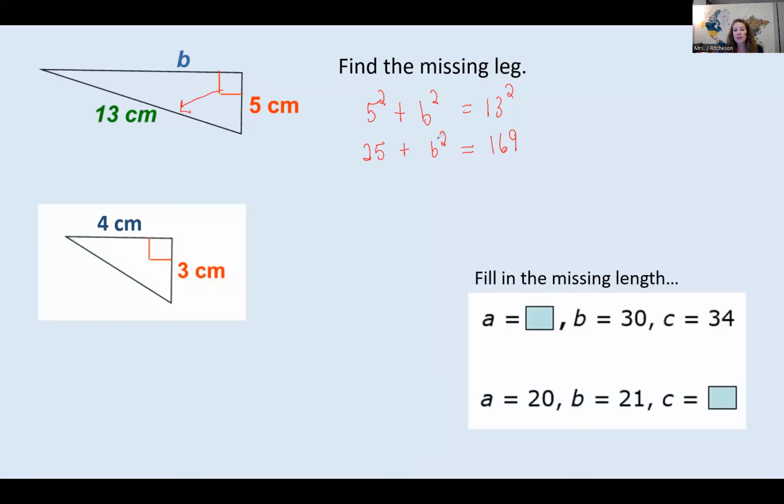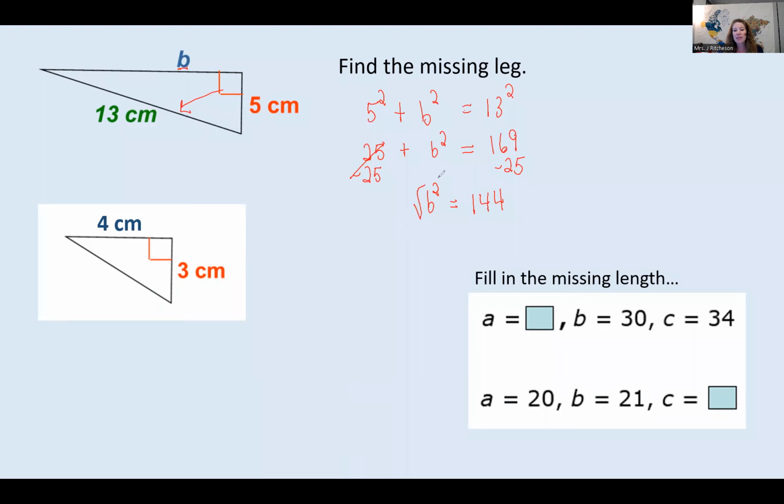And now we want to know what B is, our B squared at this point. So we want to get rid of this positive 25. We're going to subtract 25 from both sides. So we bring down our B squared because this is gone. So 169 minus 25 is equal to 144. And that's not what we want, we want to know what B is. This is what B squared is.